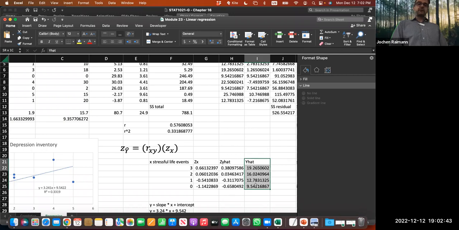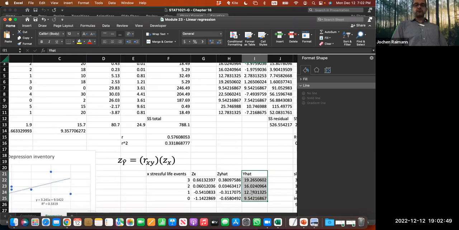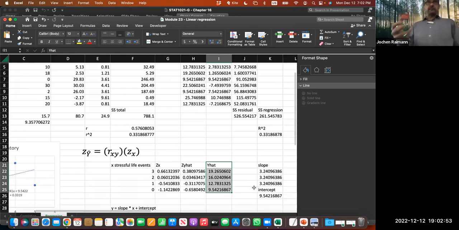We have then utilized the mean of our actual Y and the variability of our Y to come back to our actual predicted Y. So that's essentially the values of the dependent variable on our regression function for the corresponding X values.